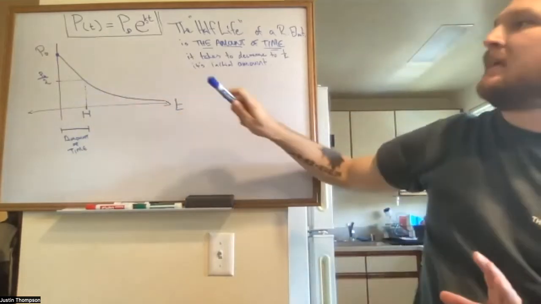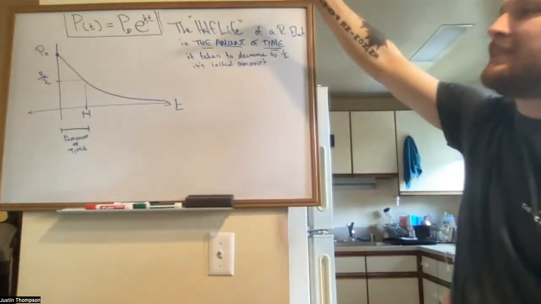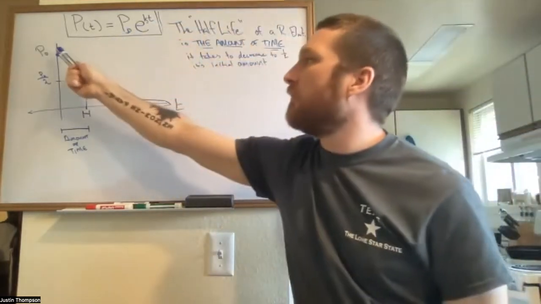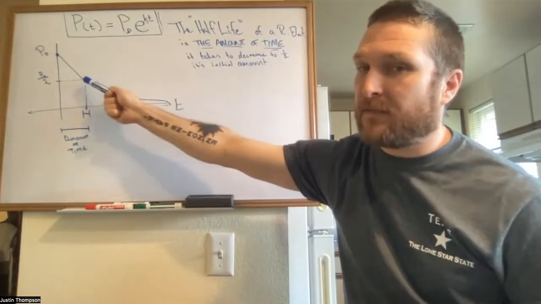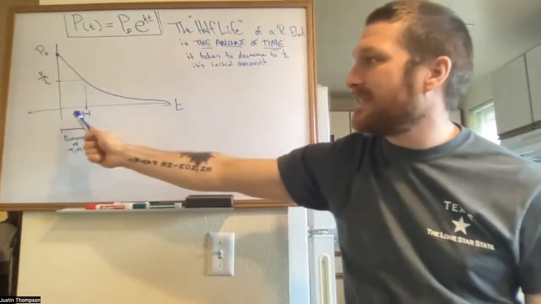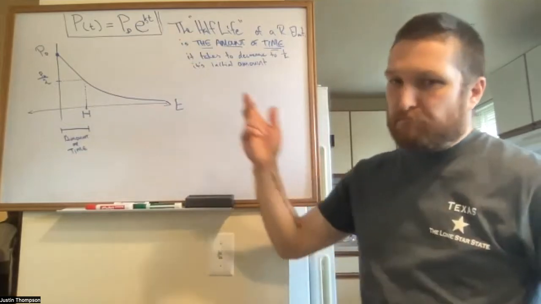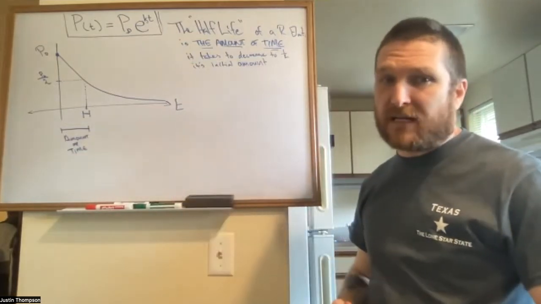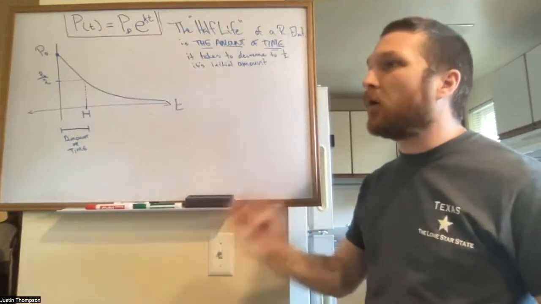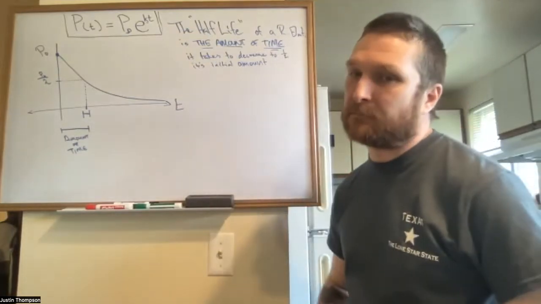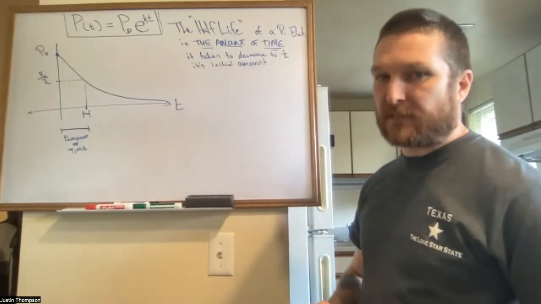And so, like I was saying, if you started with, say, 10 grams of uranium, it would take some amount of time for it to decrease to 5 grams of uranium. The amount of time that it takes is what we call the half-life. If you started with P0 grams of uranium, then the time that it takes for it to reach P0 over 2 grams of uranium would be H, the half-life of it.